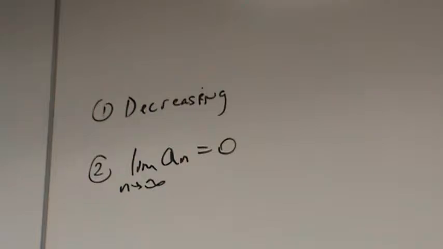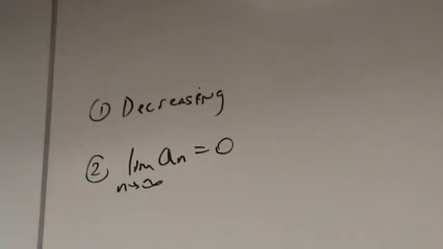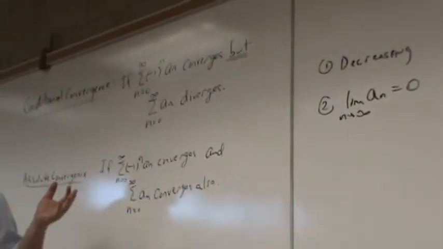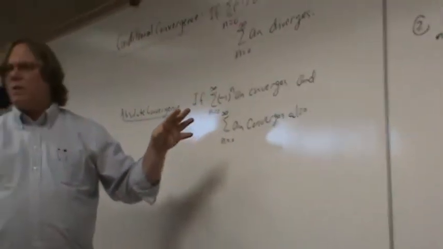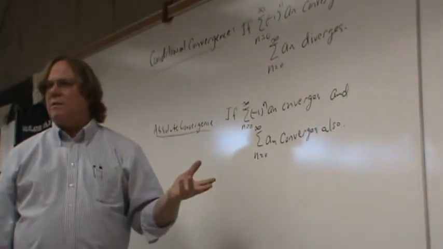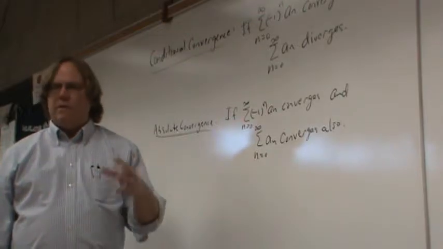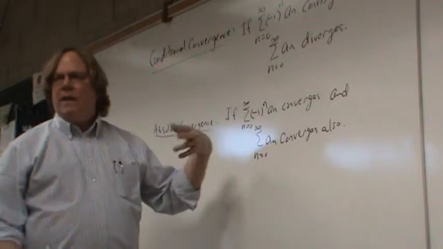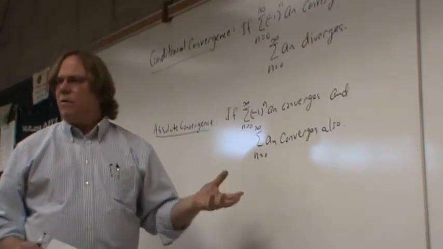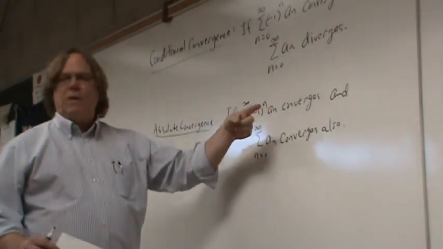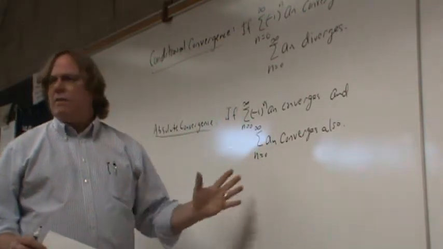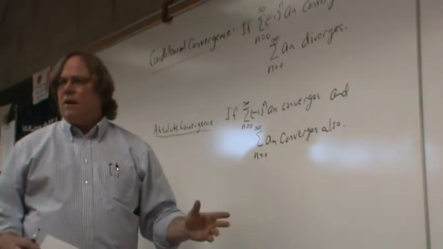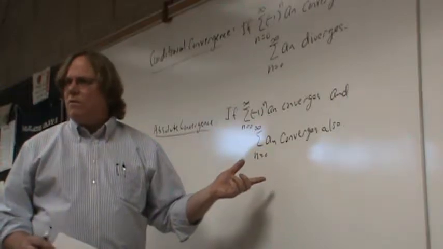And I want to get you used to thinking about the fact that alternating series converge more easily than positive series, than their non-alternating cousins. Remember when I showed you the geometric series where if I just added up the terms, I got 6, but if I turned it into an alternating series, I got something way smaller? So I want you to get used to the fact that alternating series converge more easily, which means if the alternating series diverges, then guaranteed the positive cousin is going to diverge, because the positive cousin is always going to be bigger than the alternating series.